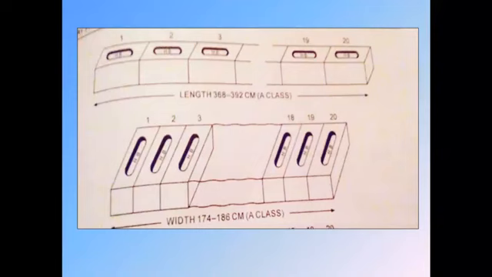When the bricks are of 19 by 9 by 9 centimeter dimension, the specifications are: for A class bricks, total length should be 368 to 392 centimeter and width from 174 to 186 centimeter. For B class bricks, the same should be 350 to 410 centimeter and 165 to 195 centimeter respectively. Okay, thank you.